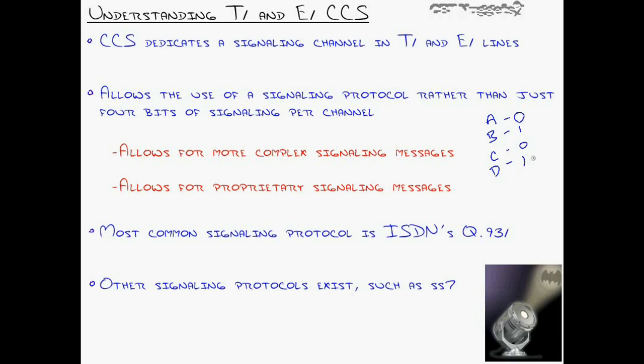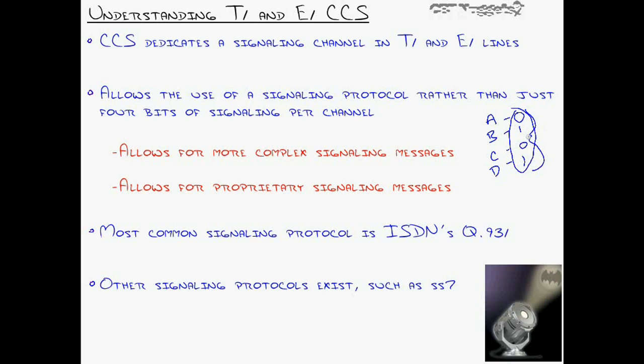I mean, you can send on hook, off hook, called number information, basic stuff, but there's a lot of different features in the PBX realm that we need to transfer signaling information for. Some of them are complex features like integrating with PCs in the digital world. Some of them are simple features. Some of them are even proprietary features. You can't really get into those if you use CAS connections because the 4 bits doesn't give you enough flexibility to send those kinds of messages. You've got 4 bits, which represents a number, right?